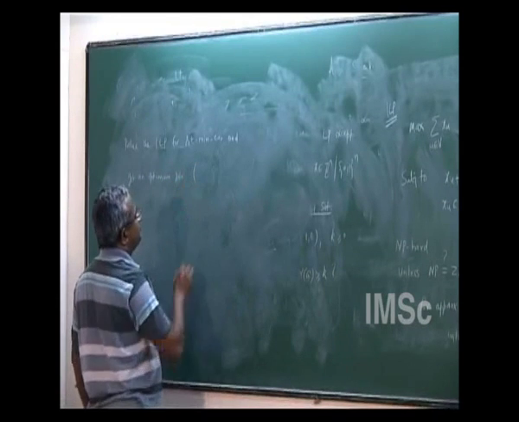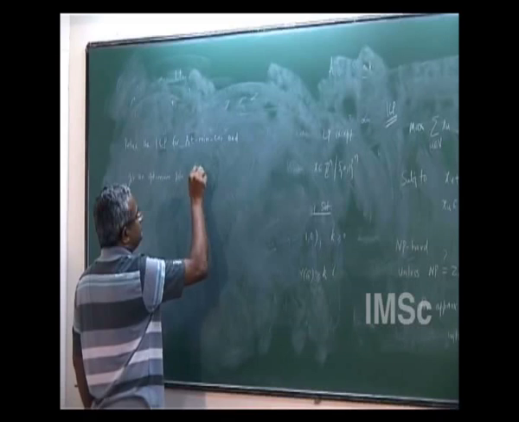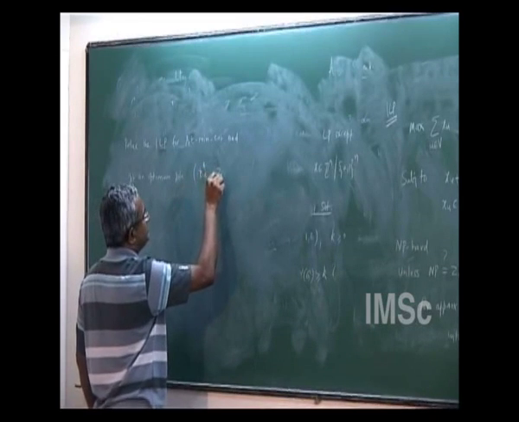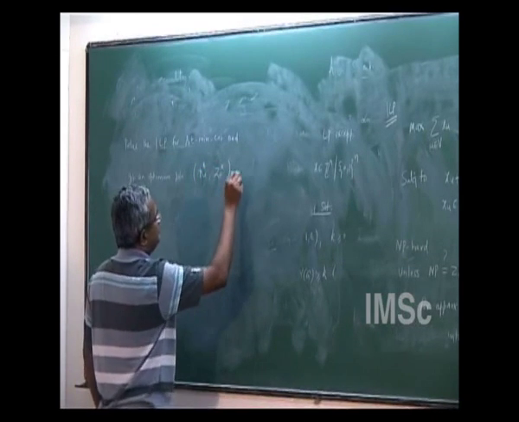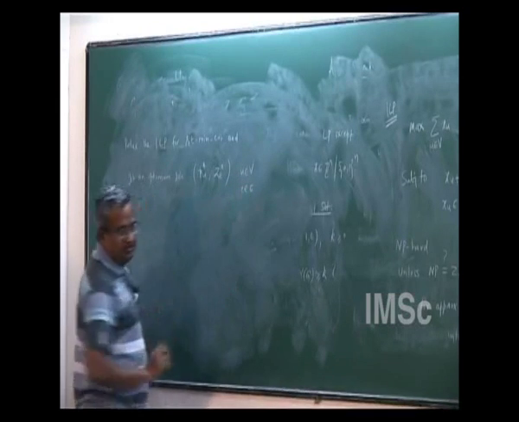Let me call the optimum solution something like XU star and ZE star, for U in V and E in E.